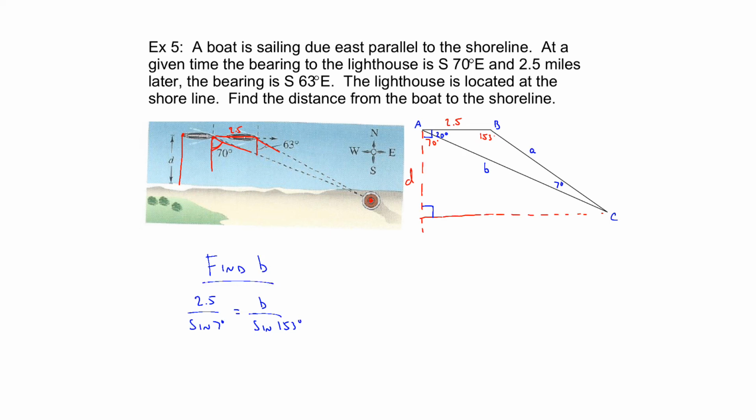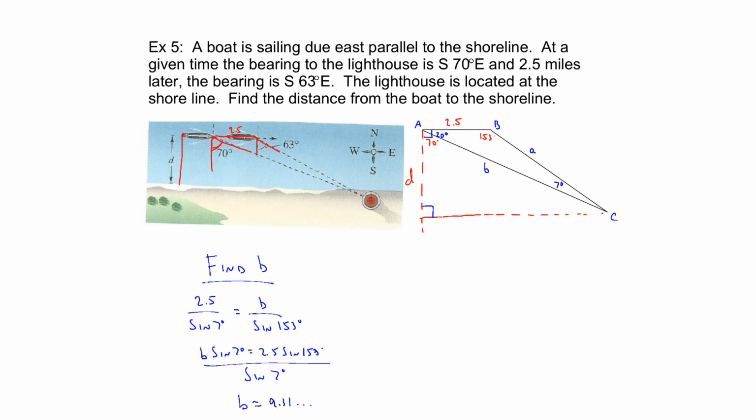When we cross multiply and then divide by sine of 7 degrees, we get a B value that is approximately 9.31. Now, I'm not going to approximate that and use that later on. I want to use the exact value. So we're going to hold that in our calculator, and we're going to use that again.